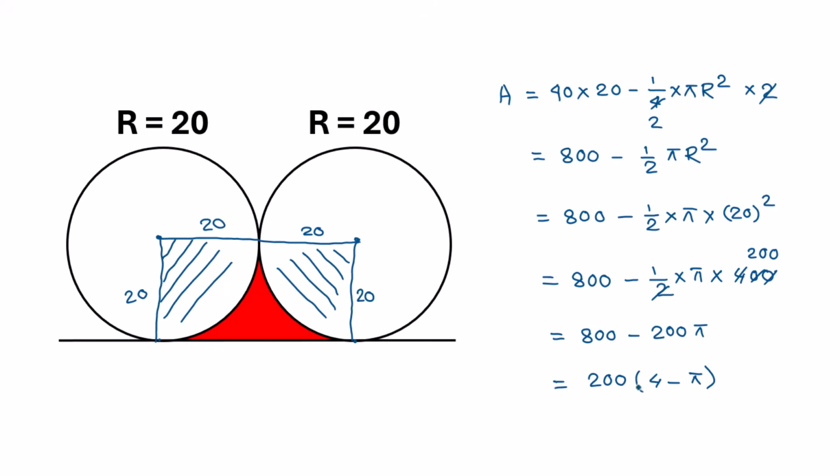And the approximate value of 200 times (4 minus pi) is equal to 171.68, and this is the area of this red region.